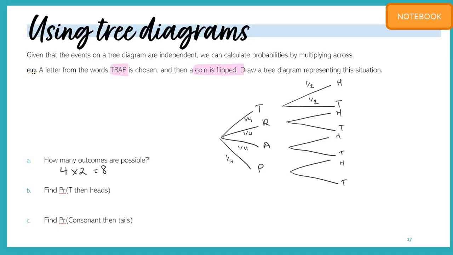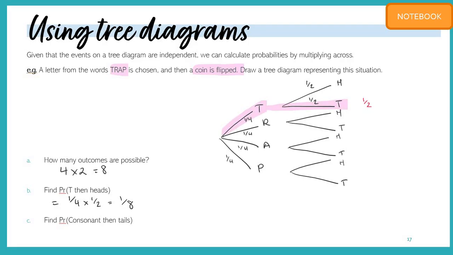Then if we wanted the probability of the letter T and then heads, we're going to follow those branches along, okay? So that's going to be 1/4 times 1/2, which is equal to 1/8. Now, if we want to find out the probability of consonant and then tails, remembering consonants are not vowels, we're going to follow the T onto the tails.